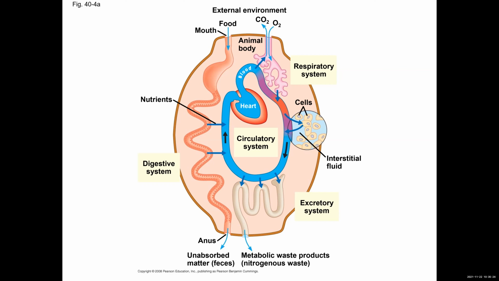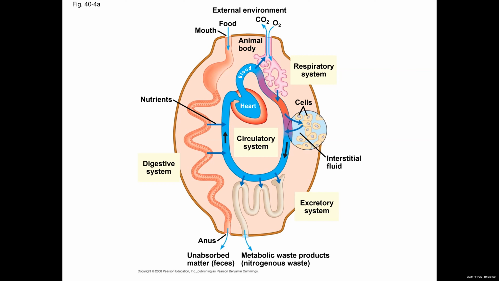So molecules that are products of chemical reactions that are either excess or extra, things we don't need in order to maintain homeostasis, we want to get them out of the body. Other materials that are toxic or harmful, we want to get rid of those as well. So our excretory system, the excretion part of it, is the getting rid of or moving outside the body.